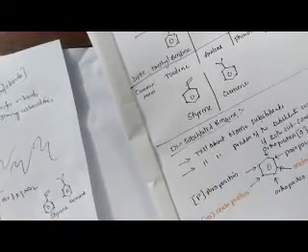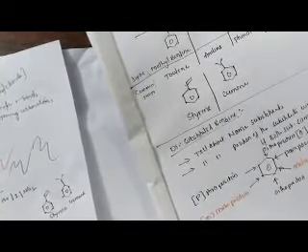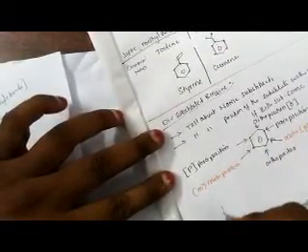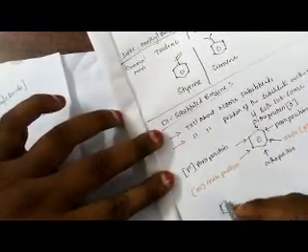So if the benzene molecule is disubstituted, we have to tell about the name of the substituent and the position of the substituents with respect to each other. If both are same, first of all, take an example. We will take an example here. Bromine.